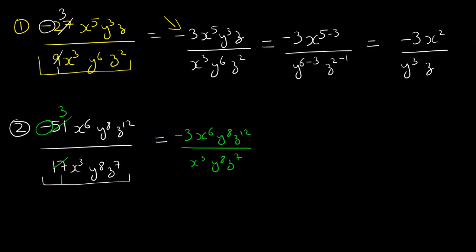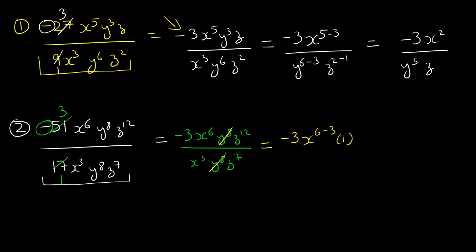And in the next step now we will solve for the variables x, y and z. First we simply write negative 3 because it has already been simplified in the first step, and then we can see x is bigger in the numerator, so we will solve it in the numerator. X 6 minus 3. Y is the same, both y have the same power 8, so they simply cancel out and we get 1.